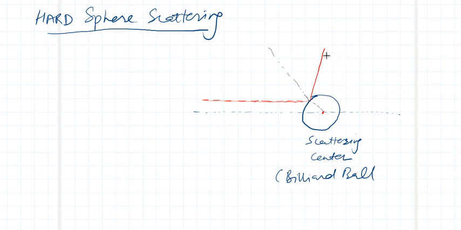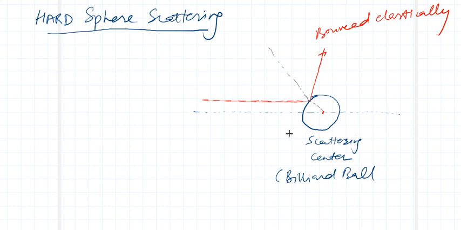It will go like this, such that if it is bounced elastically or scattered. So how did I decide that that's what will happen?